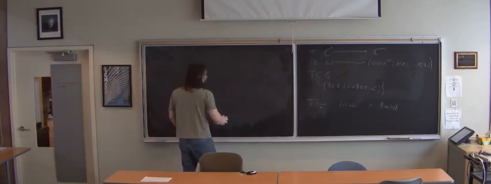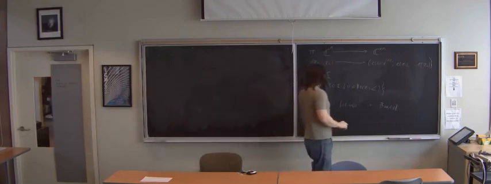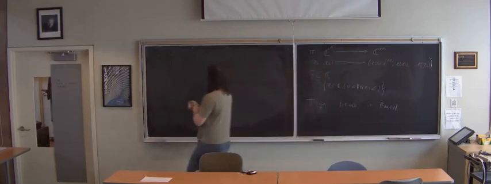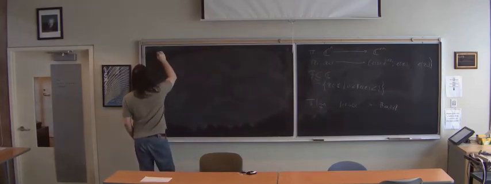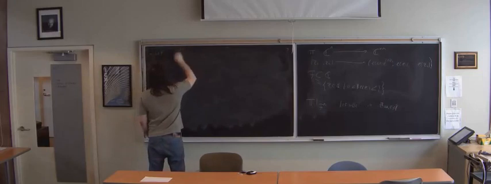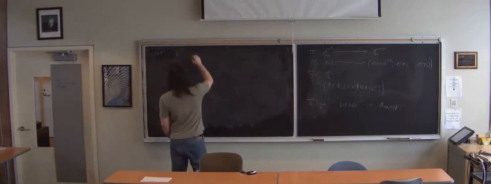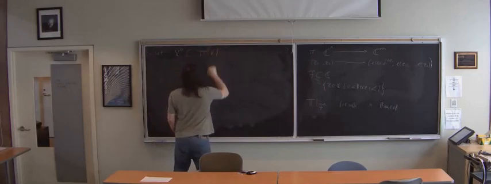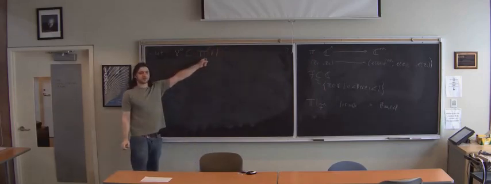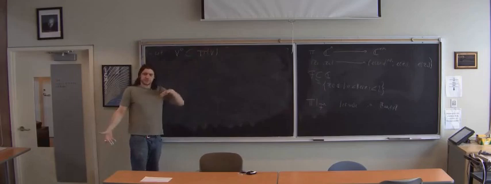Okay, so how do we make use of this? What we do is we first take V0 to be the connected component of pi inverse V, so we pull V back.